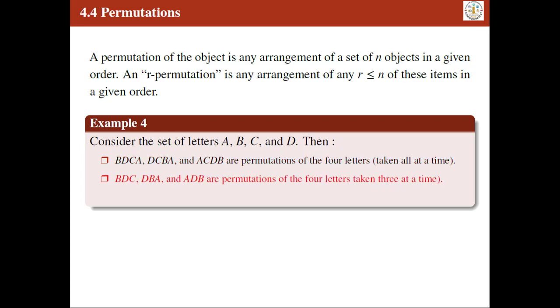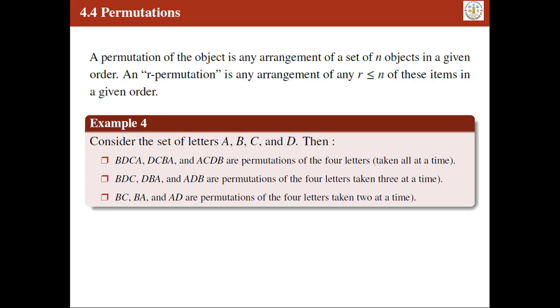BDC, DBA, and ADB are permutations of the four letters taken three at a time. BC, BA, and AD are permutations of the letters taken two at a time.